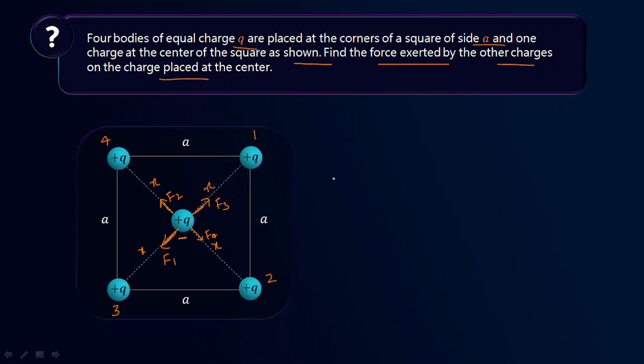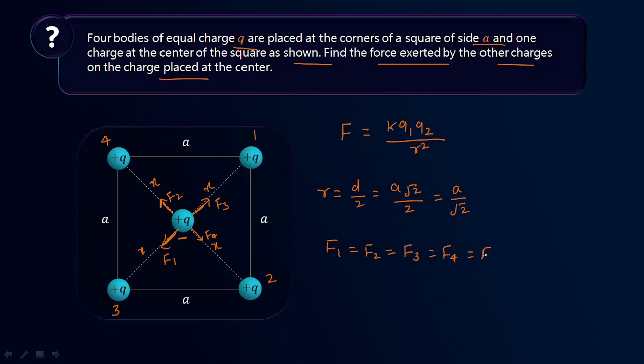Now, the force due to one charge equals k Q1 Q2 divided by r square. Here r is half of the diagonal. The diagonal is a root 2, divided by 2, that equals a by root 2. All the forces are equal, so F1 equals F2 equals F3 equals F4, which equals F only.